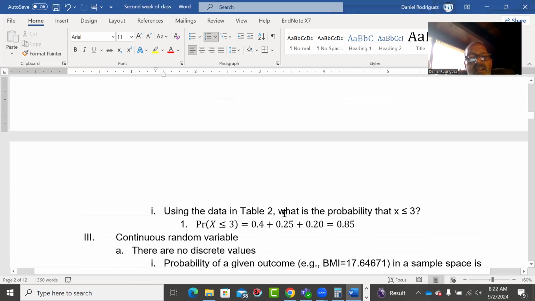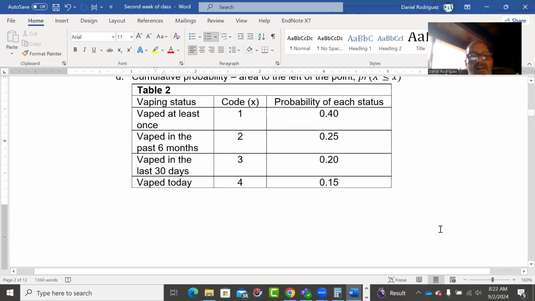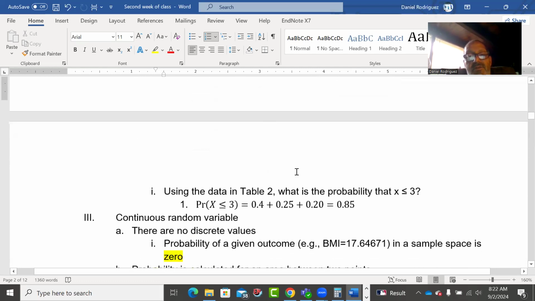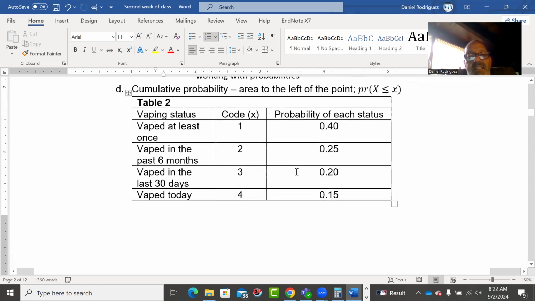So it says, using the data in table 2, what's the probability that X is less than or equal to 3? All right, well, we call this value X, right? This is a variable X. It has different values 1, 2, 3, 4, representing these different levels of our variable. And the question was, what's the probability that X is less than or equal to 3?